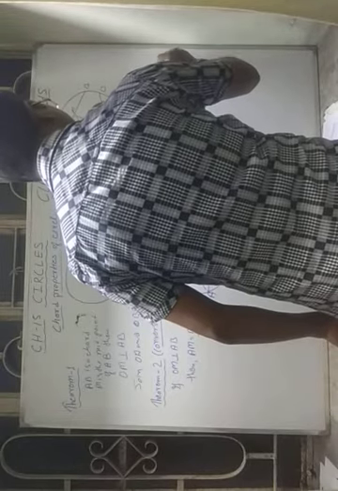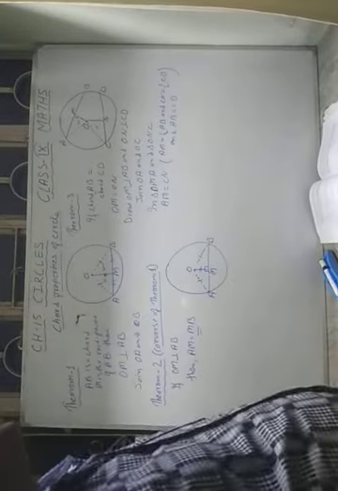In the bracket, you can write AM is equal to half of AB and CN is equal to half of CD, and also AB is equal to CD. So AM equals CN.